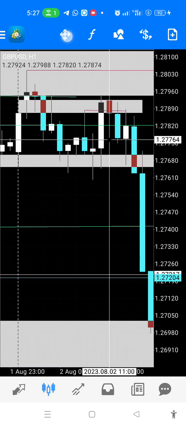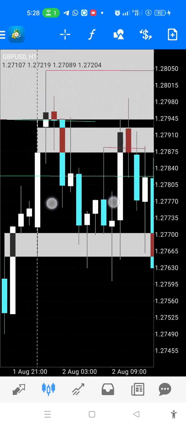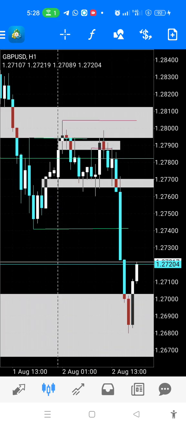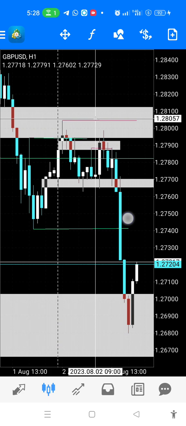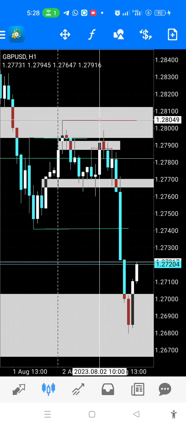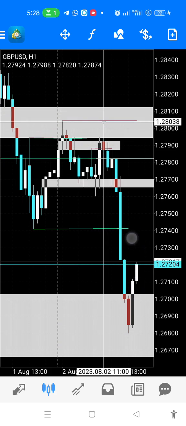However, when I entered this trade, I actually used some sell stops around here, just in case price comes to this point and grabs this liquidity. So I placed some sell stops around here.